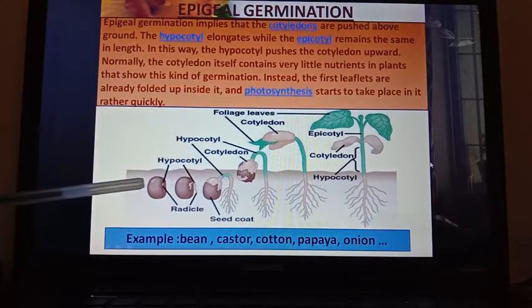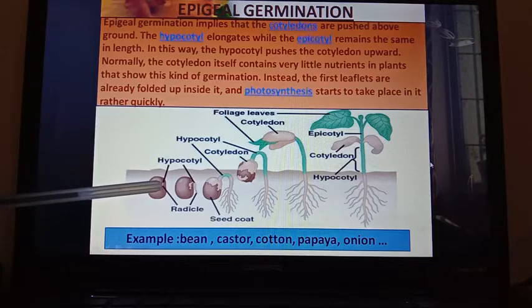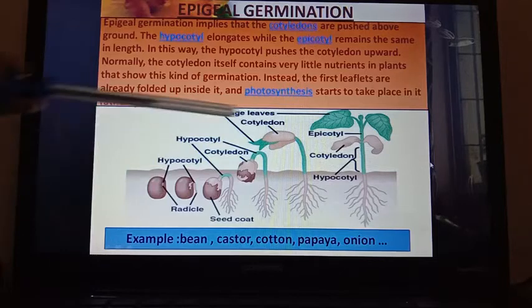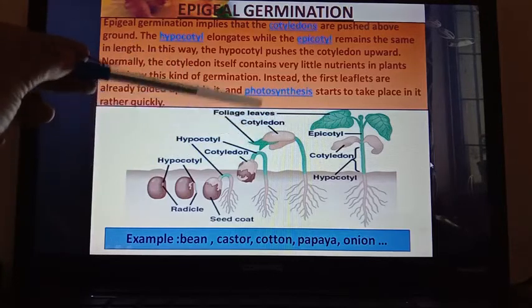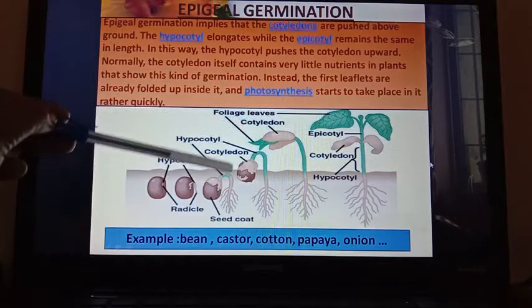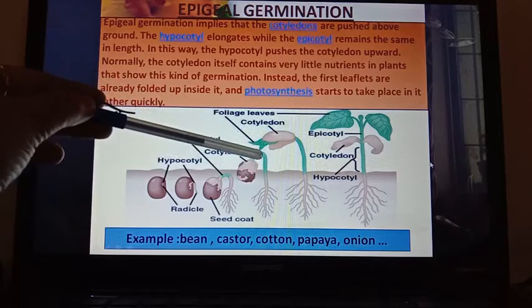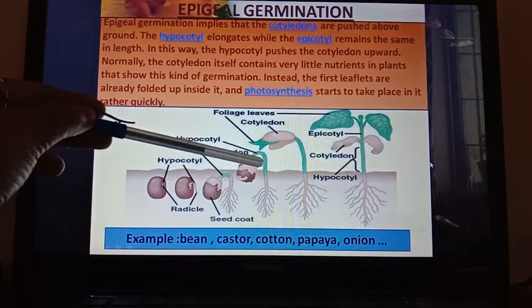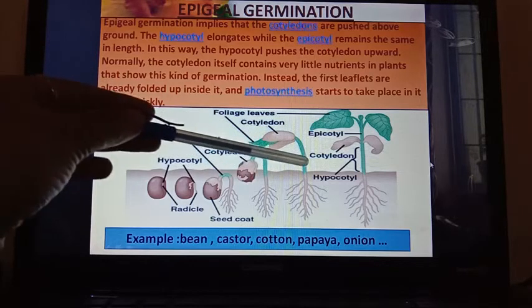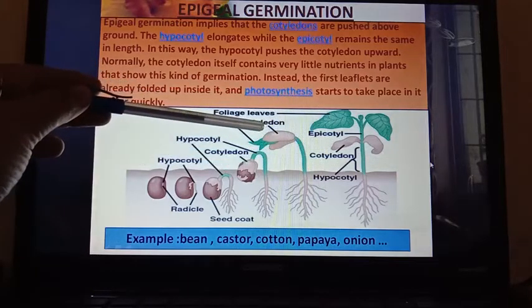First, I have told already that epigeal germination is the germination in which the seeds or the cotyledons are coming out from the soil. You can see that cotyledons are coming out. Why? Because the hypocotyle is increasing in length, elongates, and this increased hypocotyle actually pushes the cotyledon up the ground.